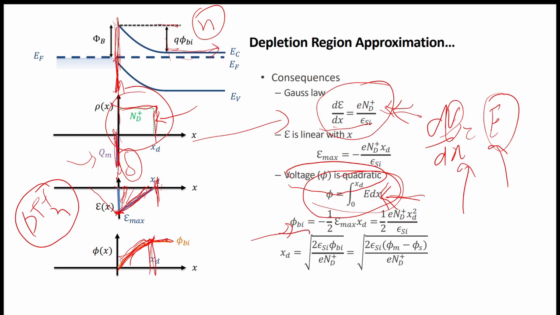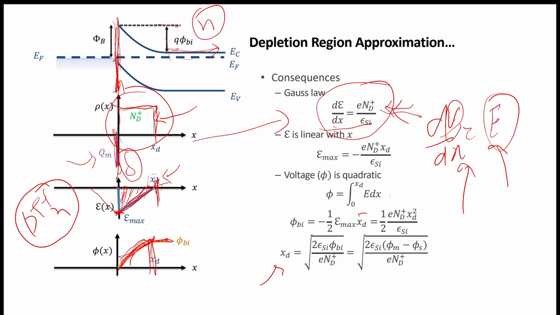We can directly calculate the area. So phi bi is equal to minus 1 by 2 E max into xd. This is the area, the area under this triangle. So this is the built-in potential. That will come in the form of xd, and from here we can calculate this depletion region width.